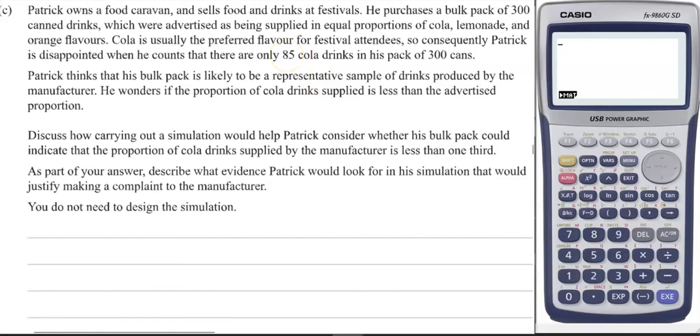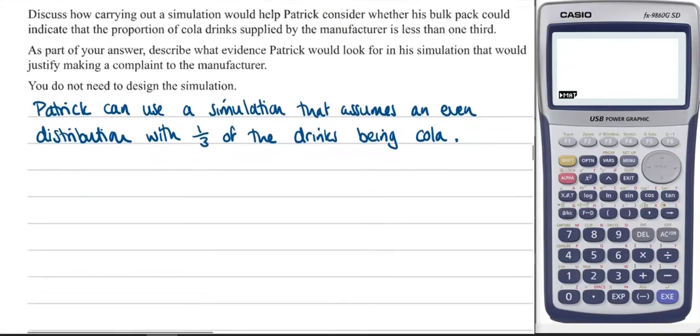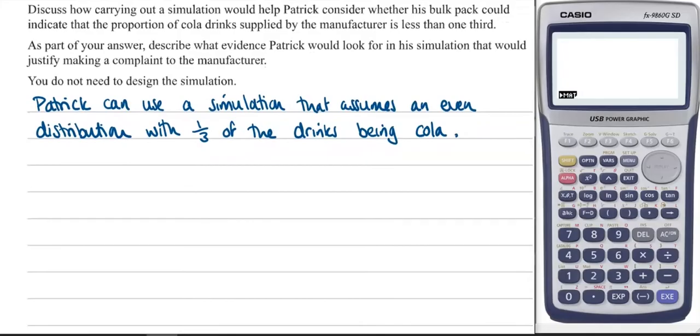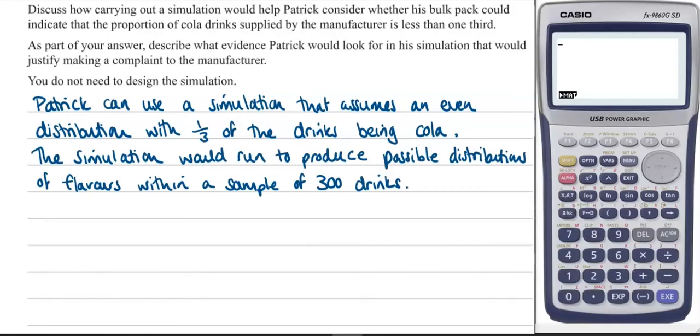So we start from the assumption that 1/3 of the drinks will be cola in this simulation. The simulation would then run and show us some possible distributions of how those flavors could end up with a sample of 300 drinks if the probability of each pick was 1/3 cola.